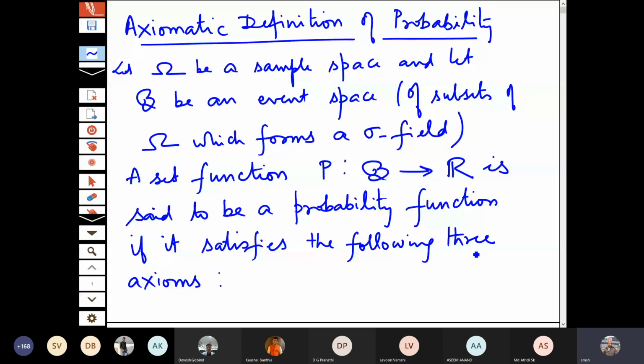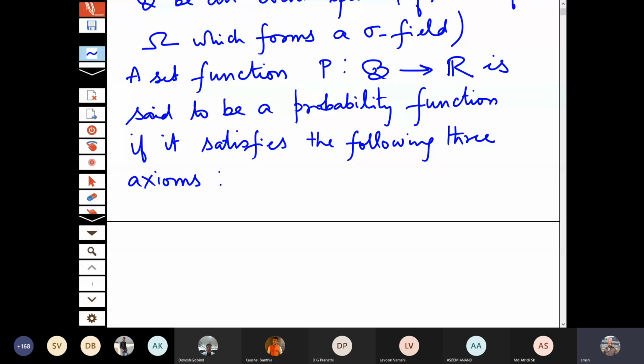What are the three axioms? Let me call them P1, P2, and so on.